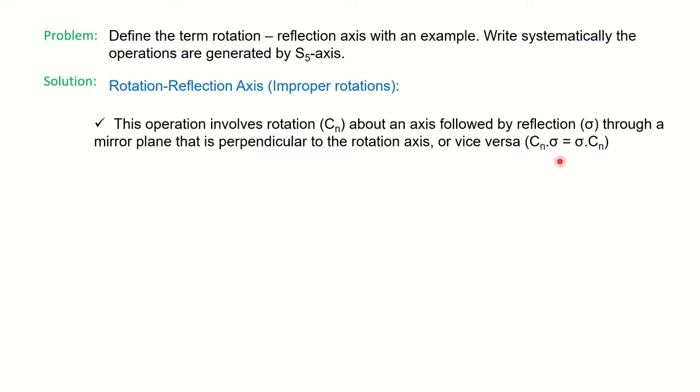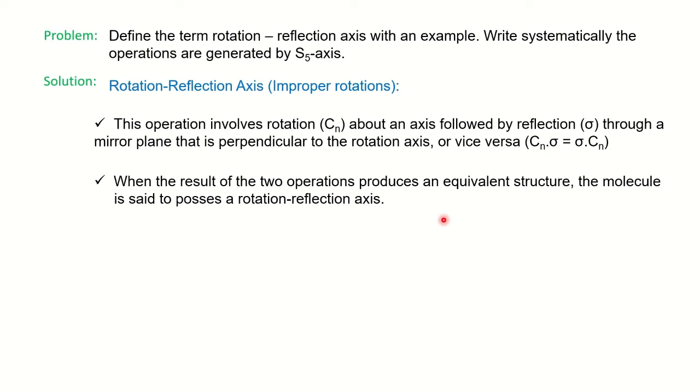We will understand it more clearly by taking the trans 1,2-dichloroethylene example. First we will see the points. When the result of the two operations produces an equivalent structure, meaning if you perform on a molecule rotation followed by reflection, or if you perform first reflection followed by rotation, and the molecule gives you the same structure, then the molecule is said to possess the rotation reflection axis.